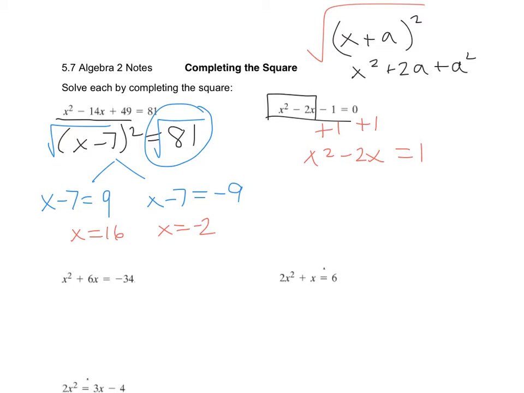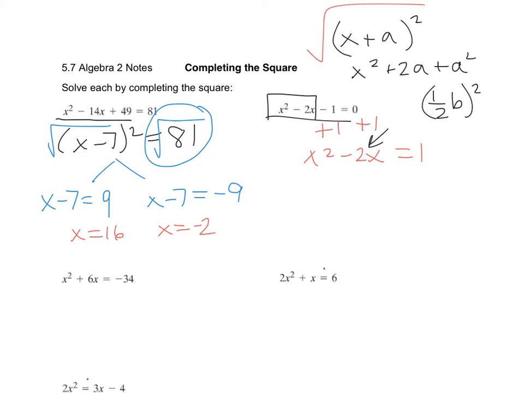And we're going to see how we can make x squared minus 2x into something like x plus a squared, a perfect square trinomial. So this is your b term, you're going to take half of b and square it and add it to each side.